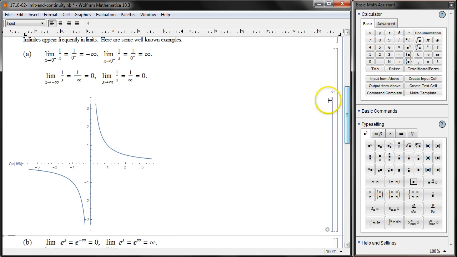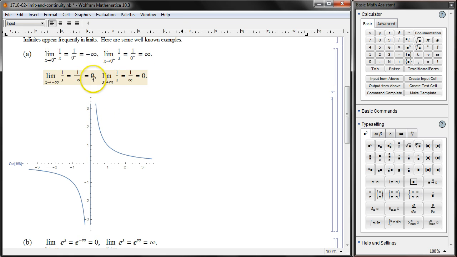Let's see. How about the first example here? X is going to 0 from the left-hand side, minus side. X equal to 0 is right here, going down, down, down, so that's negative infinity. How about plus side? That's right-hand side, it's clearly going up, so we have positive infinity.